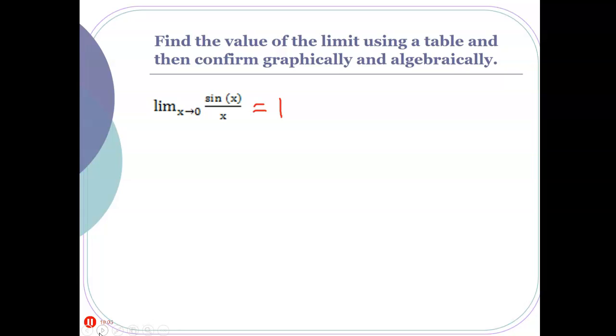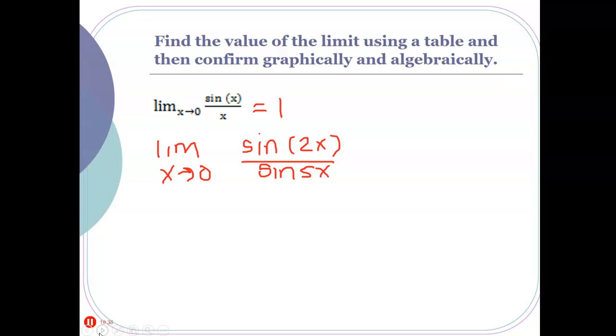A variation of that same limit could occur where you look at something like the limit, and this was on your homework. The limit as x approaches 0 of sine 2x over sine 5x.